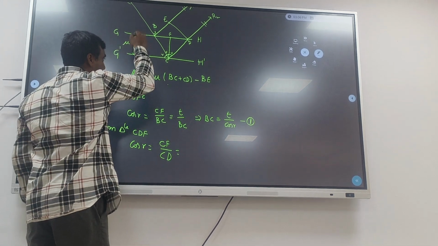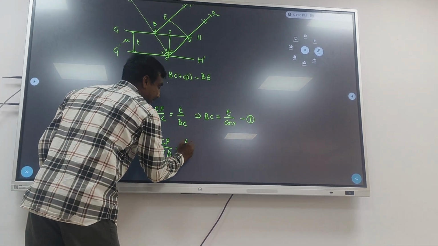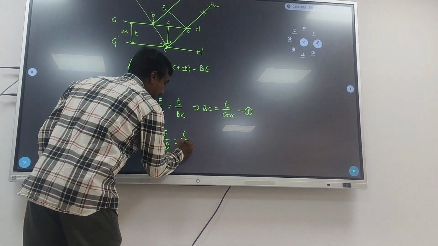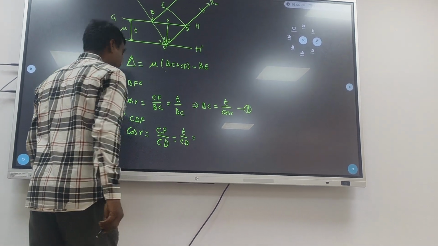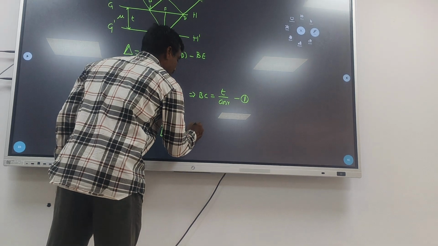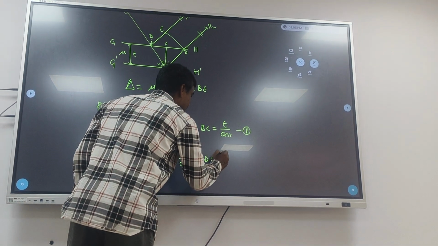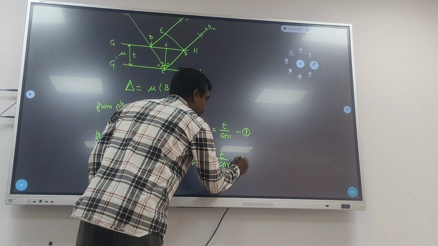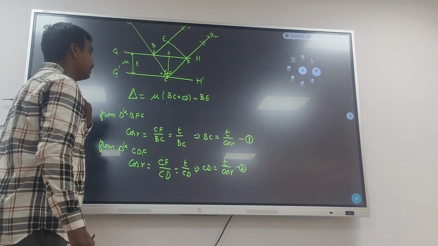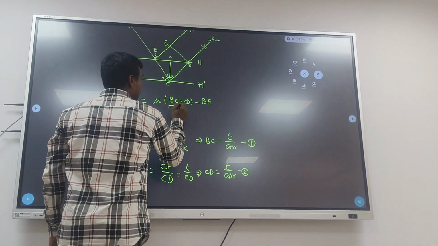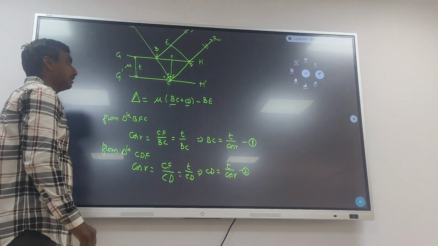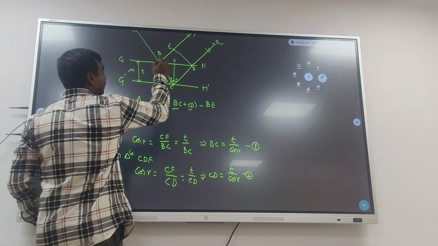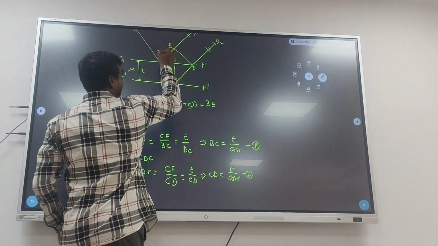Again from the diagram, the thickness of the thin film is equal to small t, so CD value is nothing but t by cos r. So from the above equations, we deduce the BC value and CD value. Now we have to consider the third triangle.